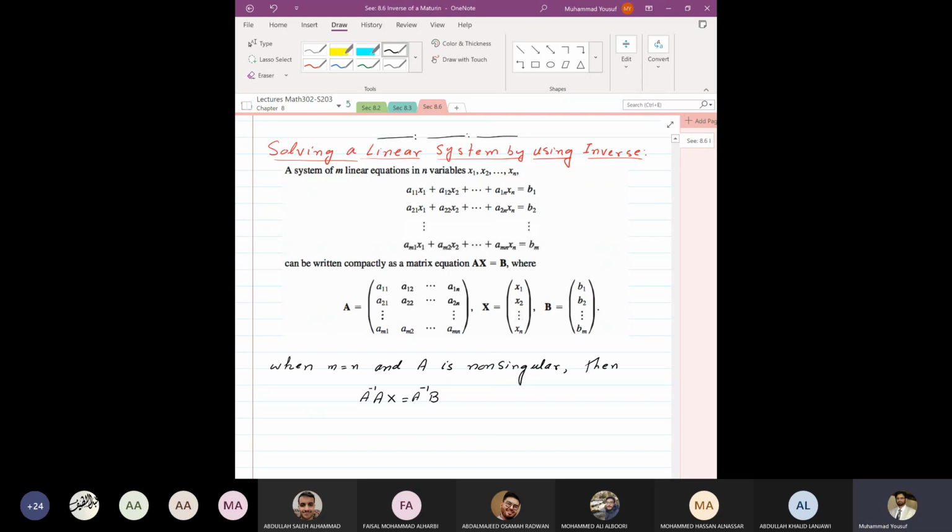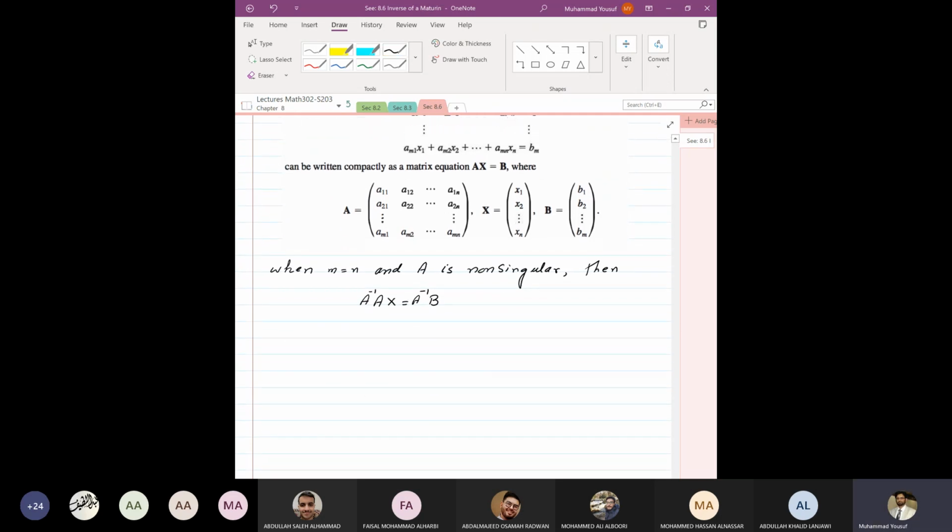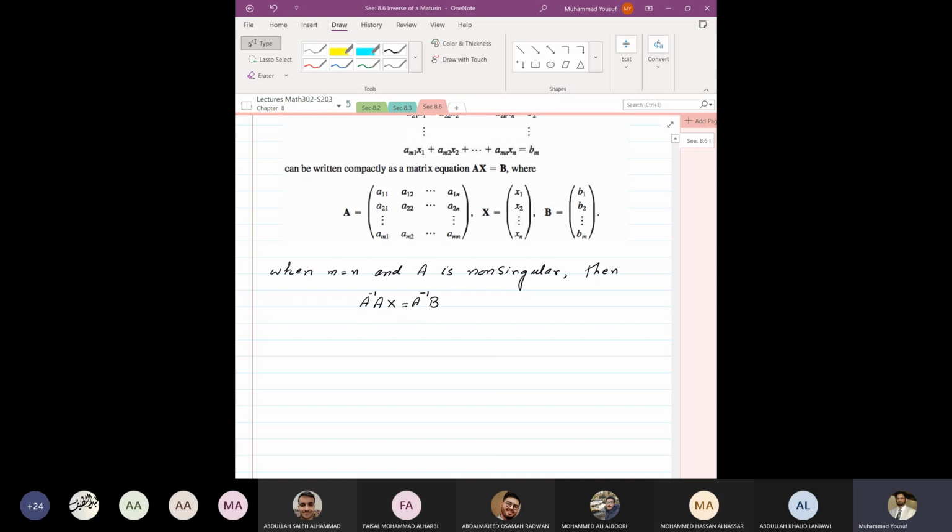We have Ax equal to B. To this equation, we multiply by A inverse from the left-hand side. You know, matrix multiplication is not commutative, that is, A multiply B is not equal to B multiply A in general. So that's why I'm saying this from the left-hand side.